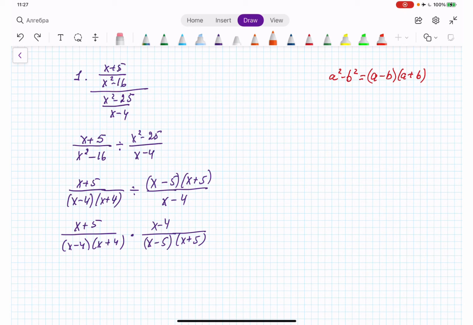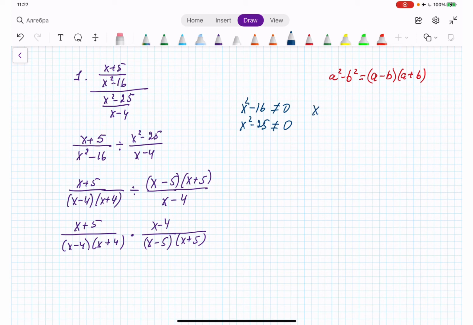So x squared minus 16 cannot be equal to 0, because I'm dividing by it, and x squared minus 25 cannot be equal to 0.